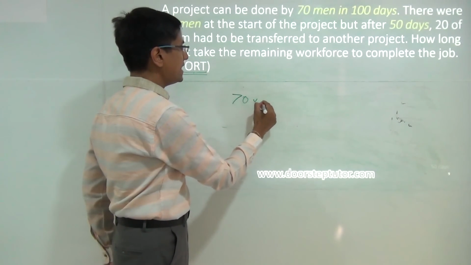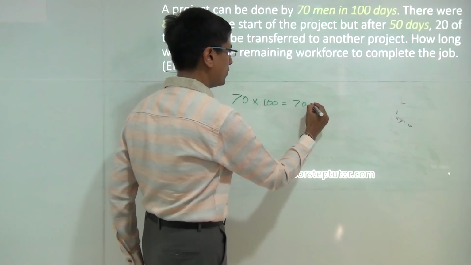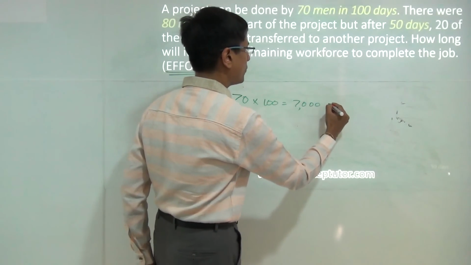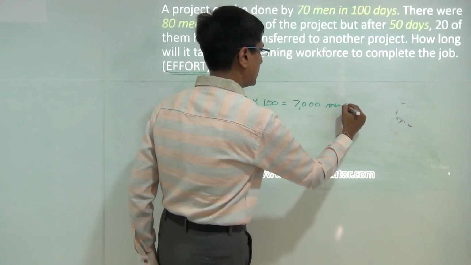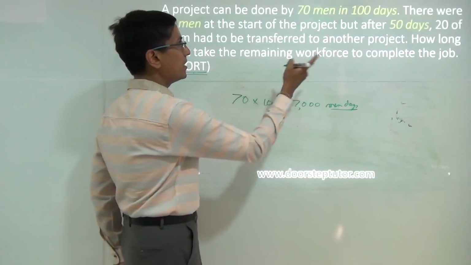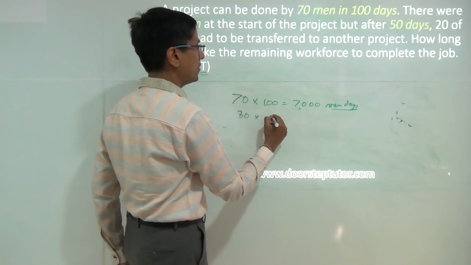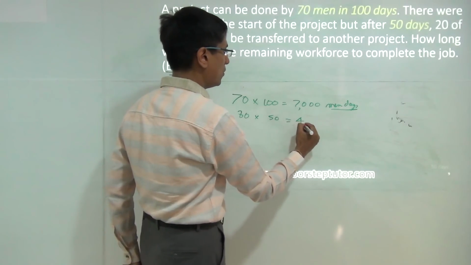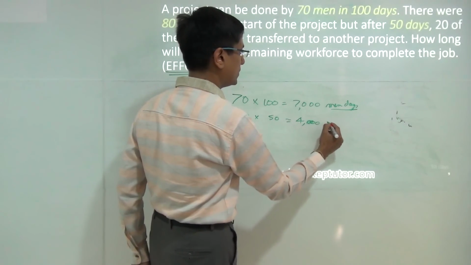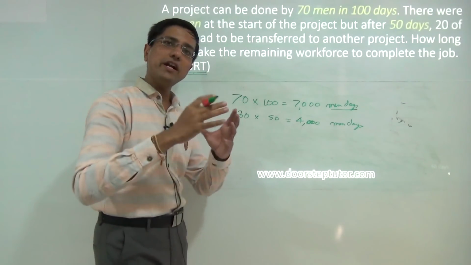So 70 into 100 is the total effort required, and the unit for this effort is 7,000 men days. We can directly write this unit. And 80 people worked for 50 days, so 4,000 men days of effort has already been put in.